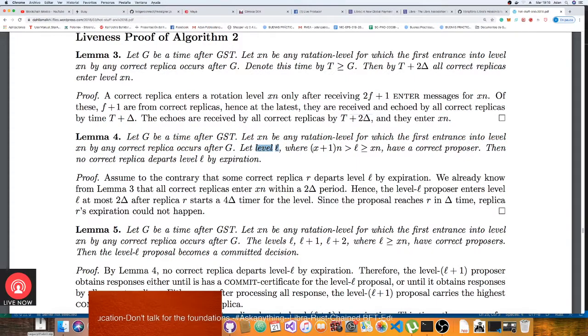So let level L, where this kind of measure you can see is more complex than the first thing. So you have here 3 conditions, and you also have this entropy in the end.